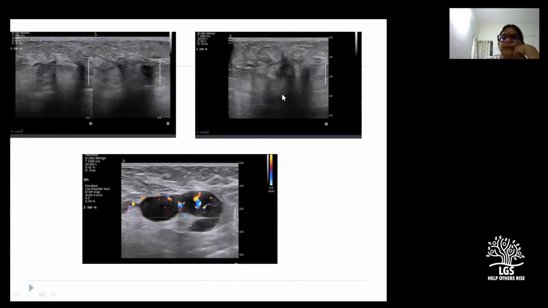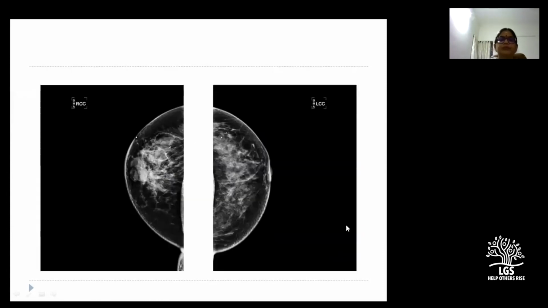What you see on mammogram doesn't correlate as much with ultrasound. And look at the lymph node here. I'll discuss lymph nodes later, but suffice to say that it is a very abnormal looking metastatic lymph node. So again, these are all slightly advanced lobular cancers.